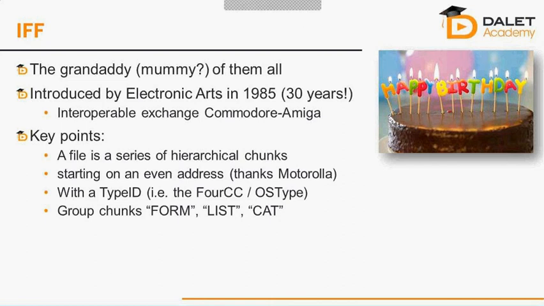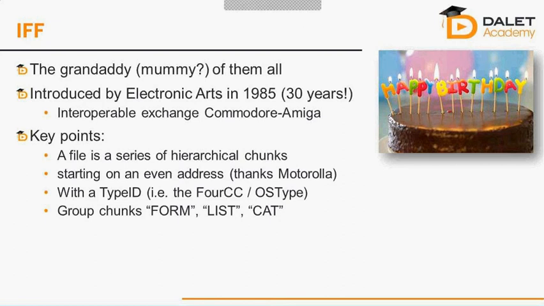Here's some executable code that only works on the Commodore. Here's some executable code that only works on the Amiga. So by tagging all of these different chunks, they had a way in which you could have an interchange file format that could work on 2 different platforms, and you could distribute one executable and make more money for less effort. Woohoo! We all like the sound of that.